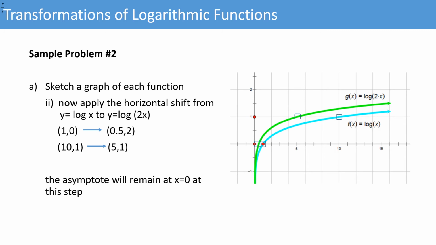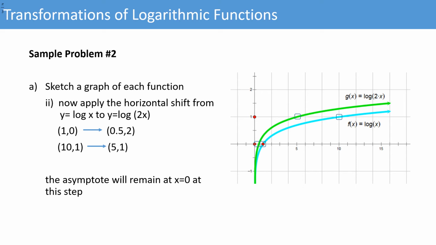We'll start with the 2x. Remember that our aqua is the original with our anchor points of (1, 0) and (10, 1). And then our horizontal compression becomes (0.5, 0) and (5, 1), shown on our green.